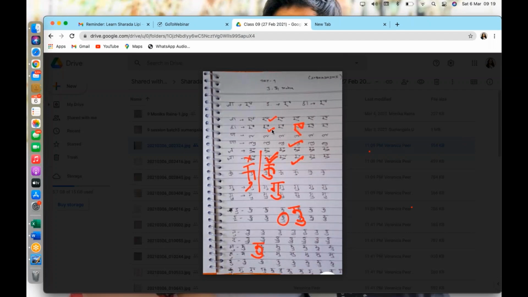The curve doesn't have to go too far out of the letter, the side part of the curve. It has to stay within the framework. So this correction has been drawn here. If you see, it falls within the letter, whereas this is going outside the letter. In the original assignment, it is going slightly outside the letter.